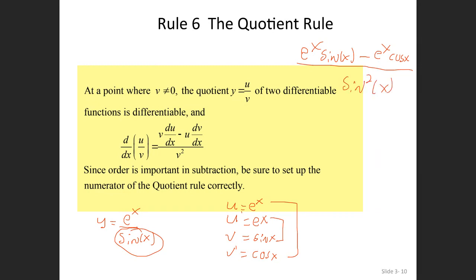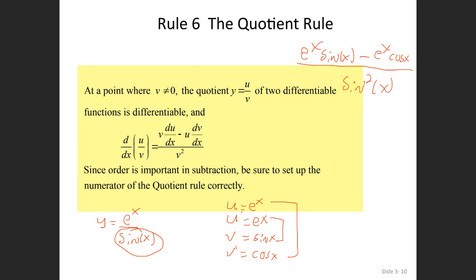That's my derivative. So the product rule is inside plus outside. The quotient rule is inside minus outside divided by bottom squared. I used to say that over and over until it sunk in: product rule, inside plus outside; quotient rule, inside minus outside divided by bottom squared.